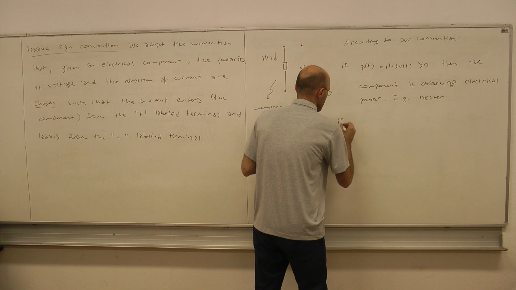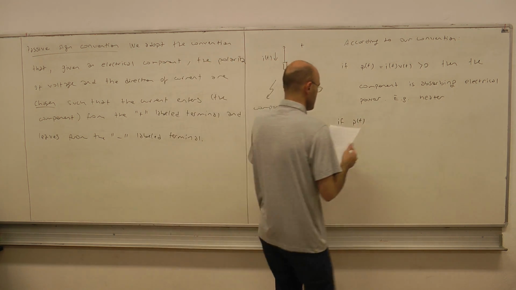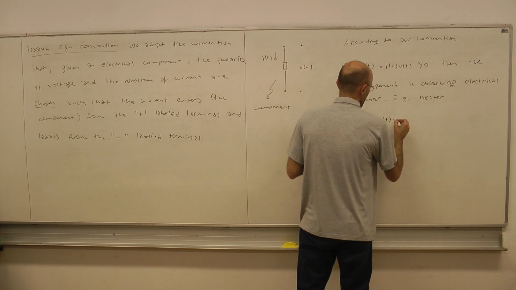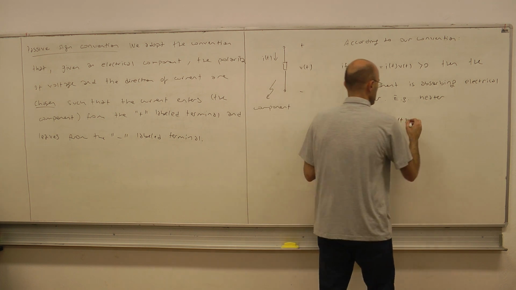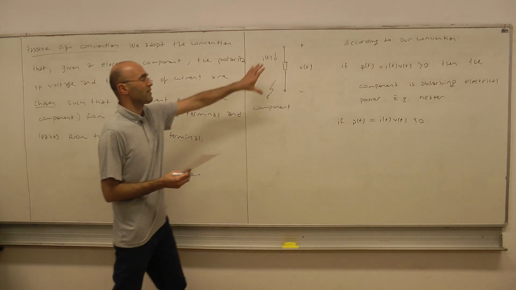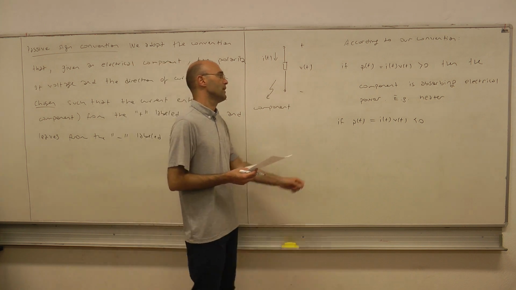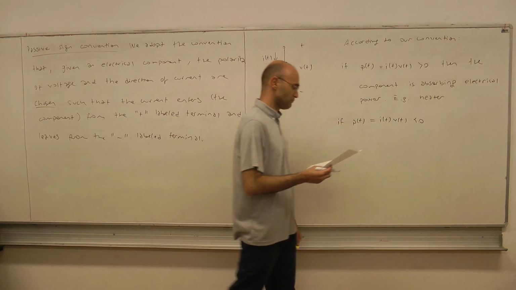If on the other hand the opposite is the case, that is if p(t), power at some given time, is negative, it means that whatever that component is, it's giving energy to the circuit that it is part of at that particular time t.